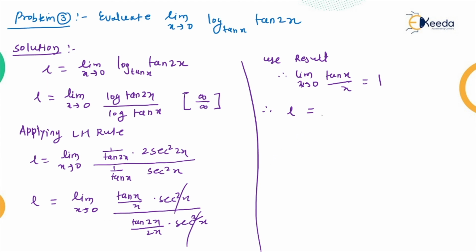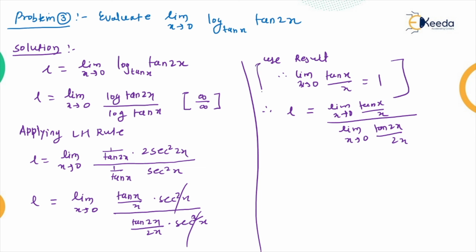Applying the limit, it becomes limit of tan x upon x, divided by limit of tan 2x upon 2x. By using this result, your answer will be 1. Therefore L is equal to 1, and this is the required answer. I hope you understand this indeterminate form very well.